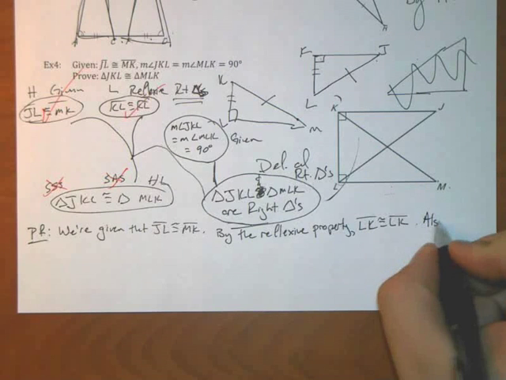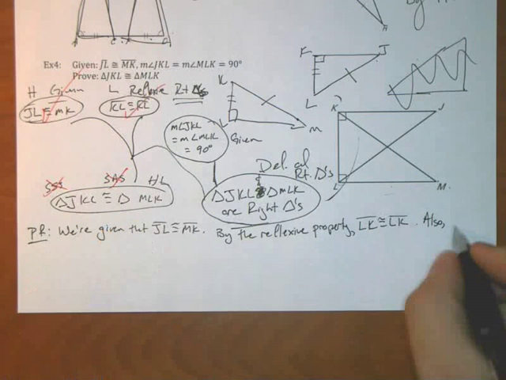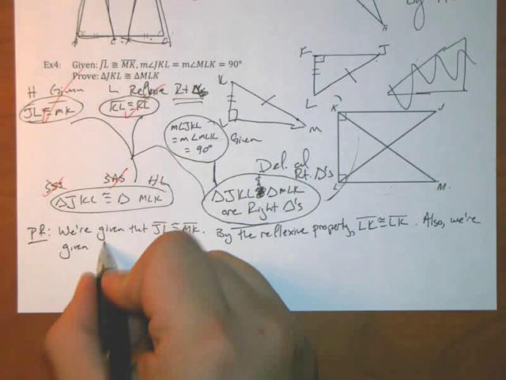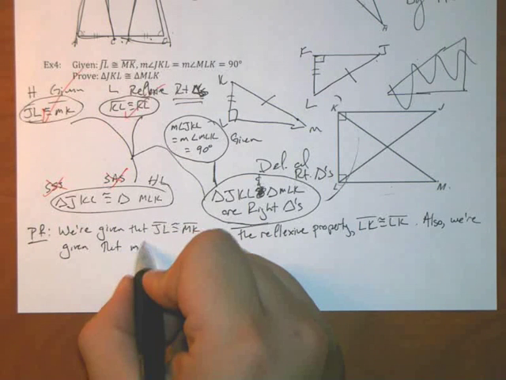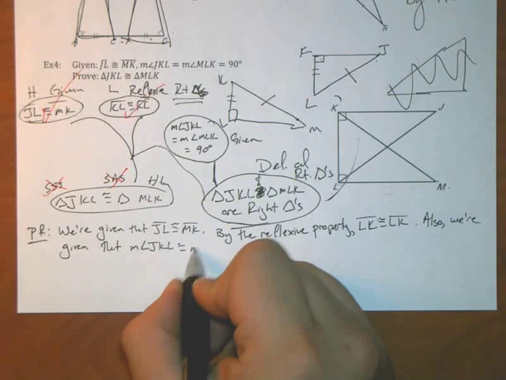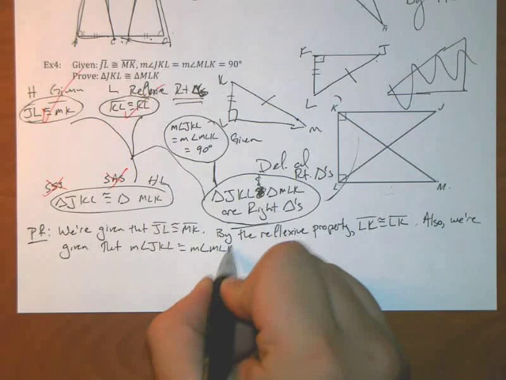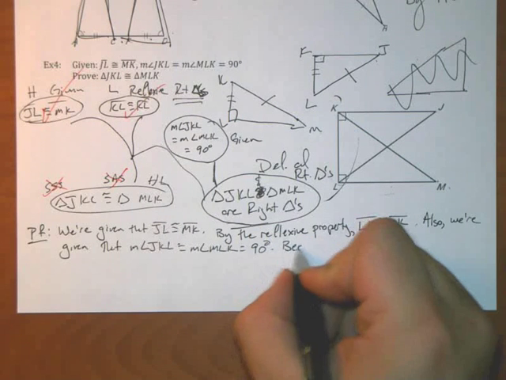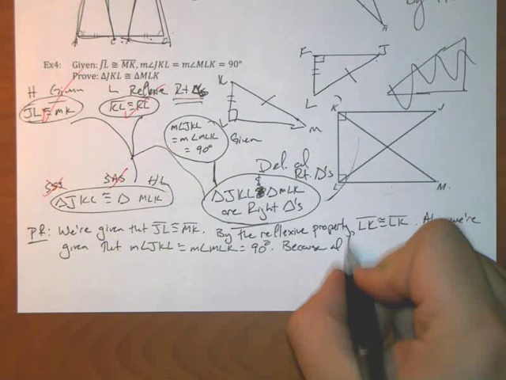Okay, so I'm working my way across. Now let's work the last strand from top to bottom. Also, we're given that measure of angle JKL equals measure of angle MLK, which is 90 degrees.